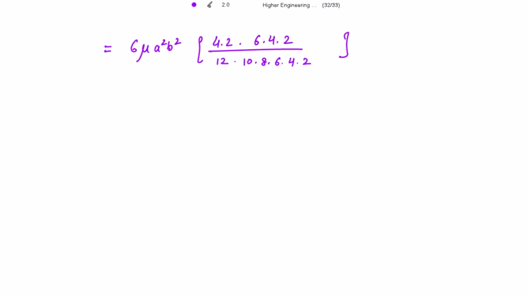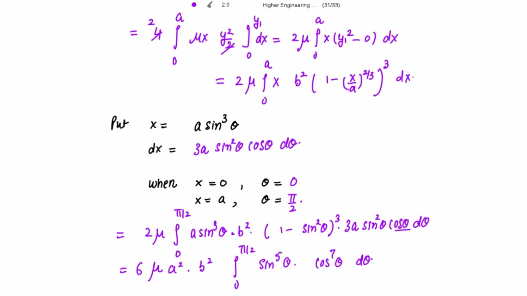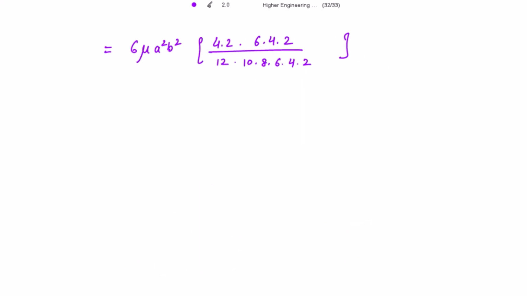Actually, for the reduction formula, we always subtract odd numbers from the power for the numerator, and for the denominator, we subtract all the even numbers from the sum of the powers. Right? And if the powers are even, then we also have to multiply with pi by 2. But here the powers are odd, so there is no need to multiply with pi by 2.